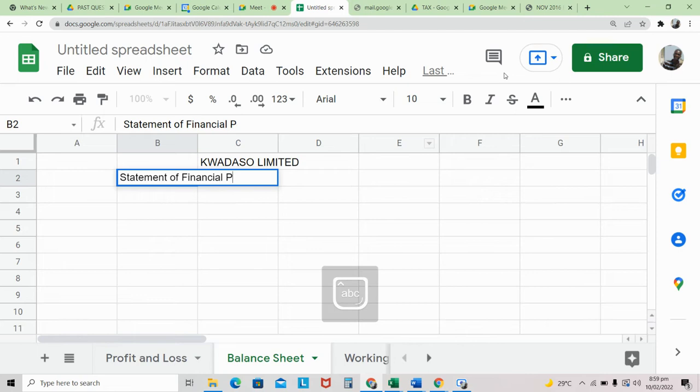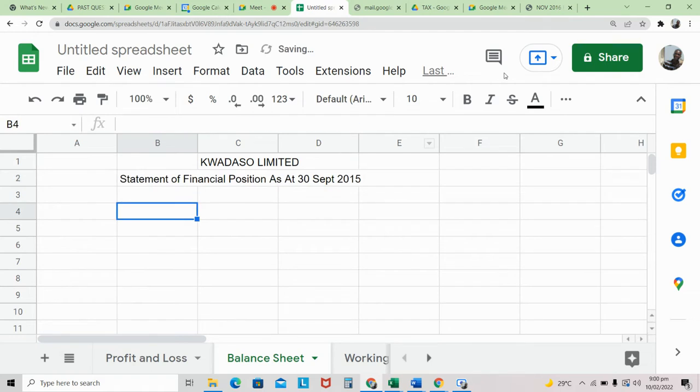Statement of financial position, assets, 30th September 2015. So we have assets, and under assets we have non-current assets.